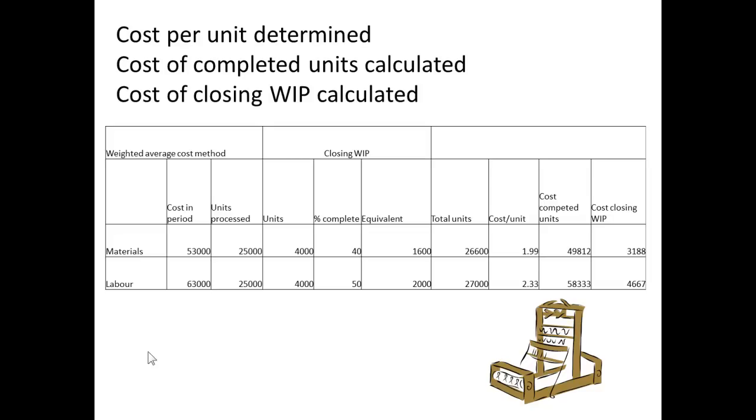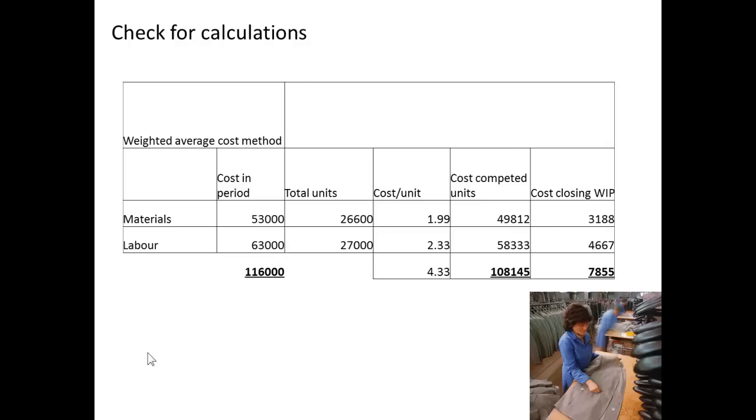In the same way, I have an equivalent 1,600 for materials multiplied by 1.99 gives me a closing work in progress cost of 3,188. I do the same thing for labour. I multiply my equivalent units by 2.33, and so 2,000 times 2.33 is 4,667.